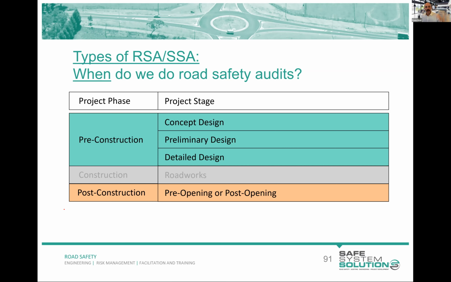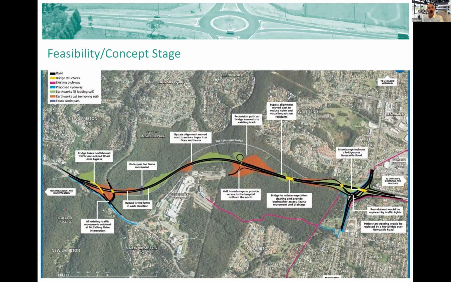But anyway, you can undertake an audit at different stages. And so a feasibility or concept stage safe system audit or road safety audit is where, I would often call it the planning audit. This is very high level.